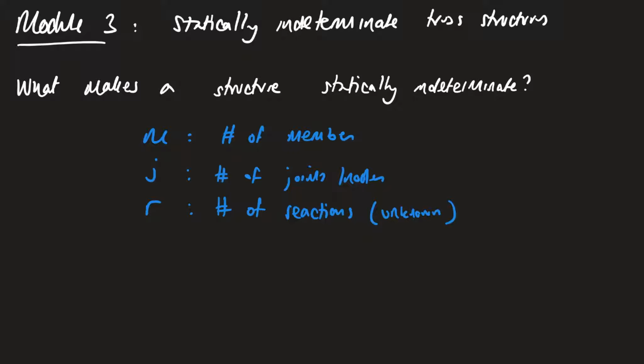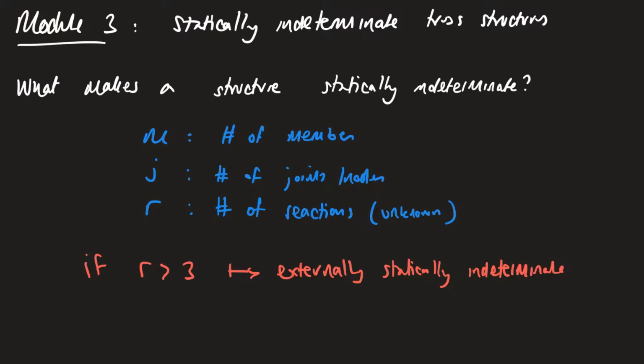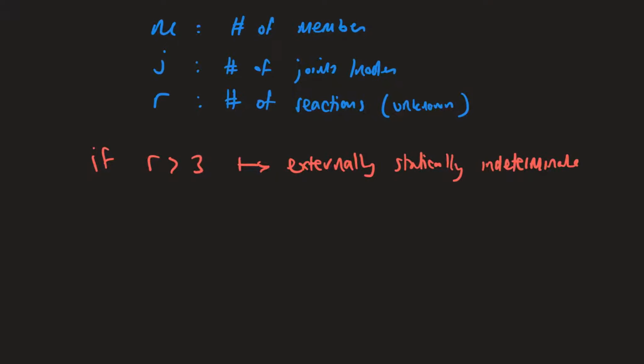So, if R is greater than 3, then we are externally statically indeterminate. On the other hand, R can still be 3 or less, and we can still have a structure that we can't solve internally for all of the forces.